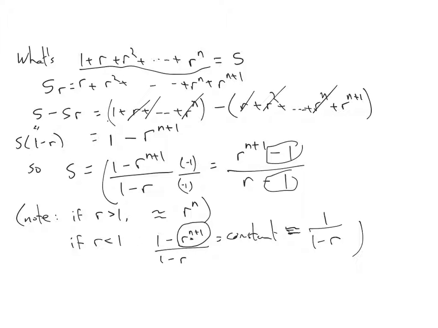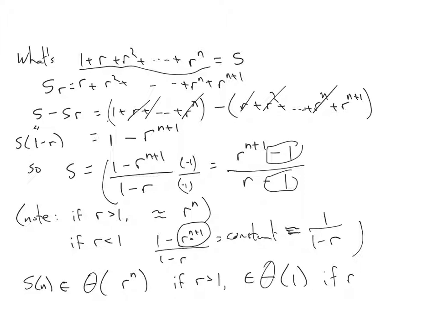Okay, but I want to prove this a different way, because that was kind of a pain. The point here is that S of n in this case is in big theta of r to the n if r is bigger than 1, and it's in big theta of 1, so it's just a constant, if r is less than 1.